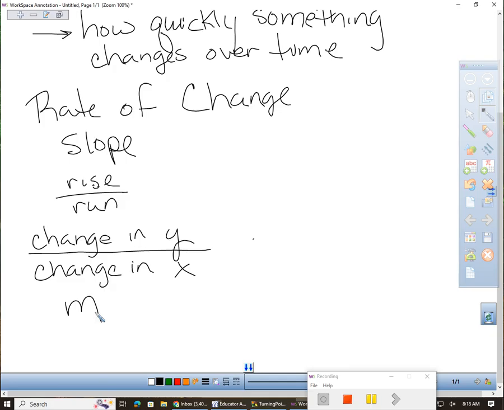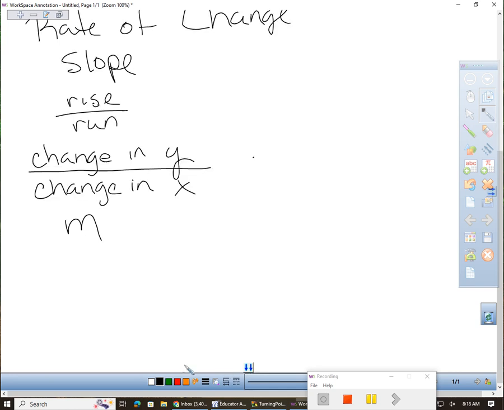M represents the slope. And the last thing, we do have an equation, which also should sound familiar to you. y2 minus y1 over x2 minus x1. That should also sound familiar. Okay. So all those things mean the exact same thing. They all find the exact same thing. We just find them in different ways.